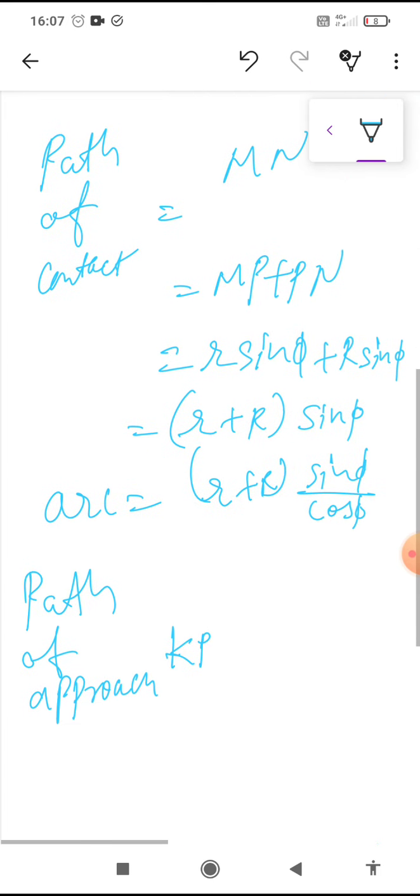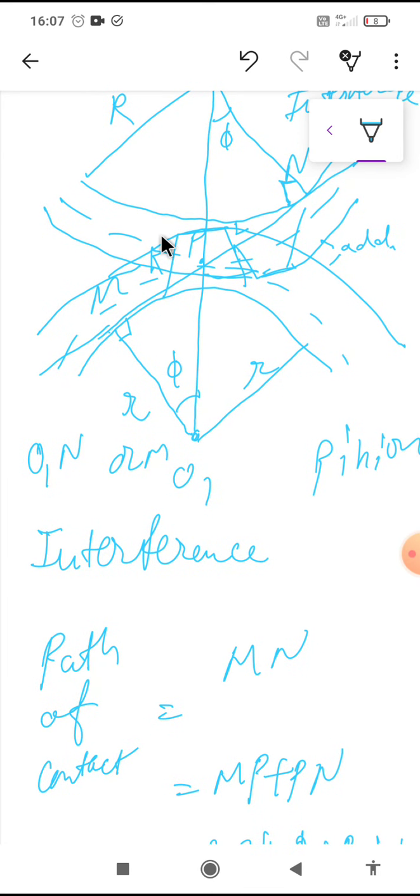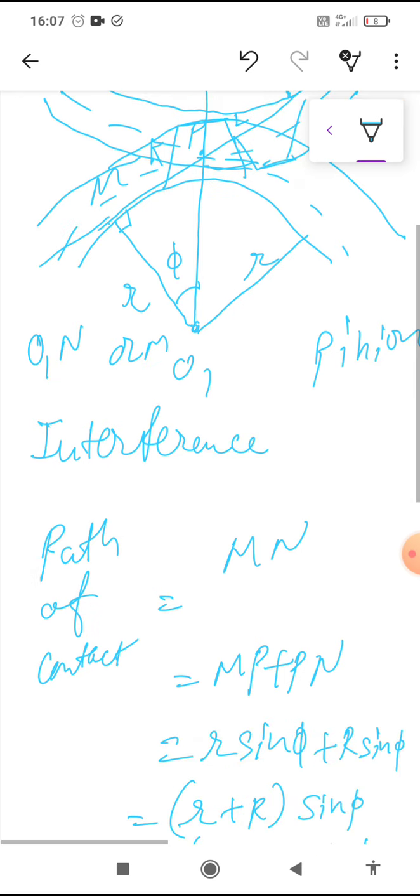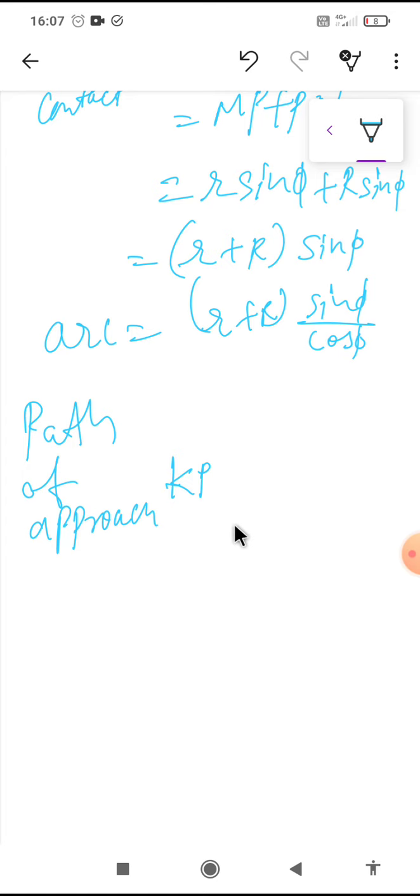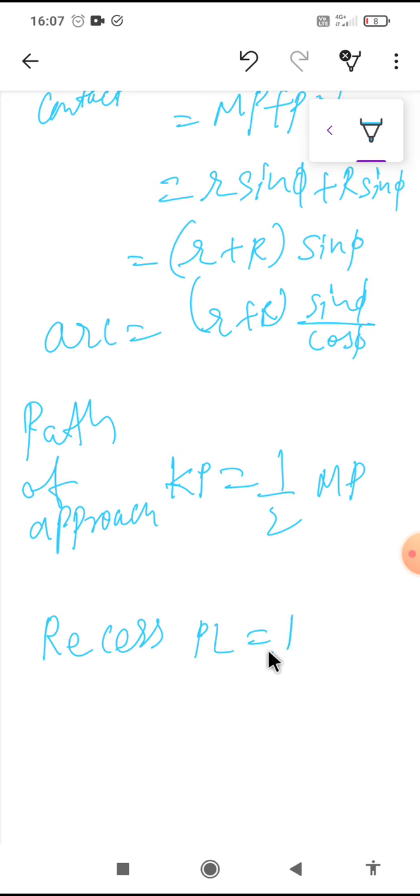The path of approach KP is nothing but 1/2 MP, at a middle distance, and similarly the path of recess PL is nothing but 1/2 NP.